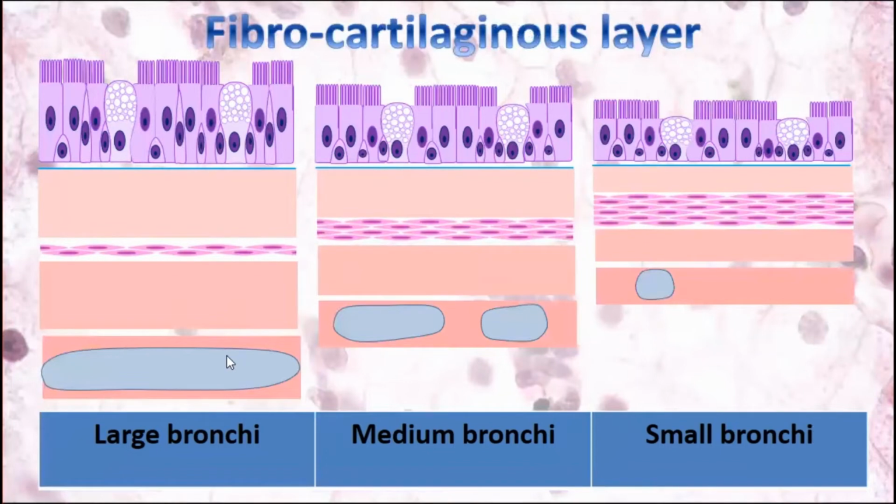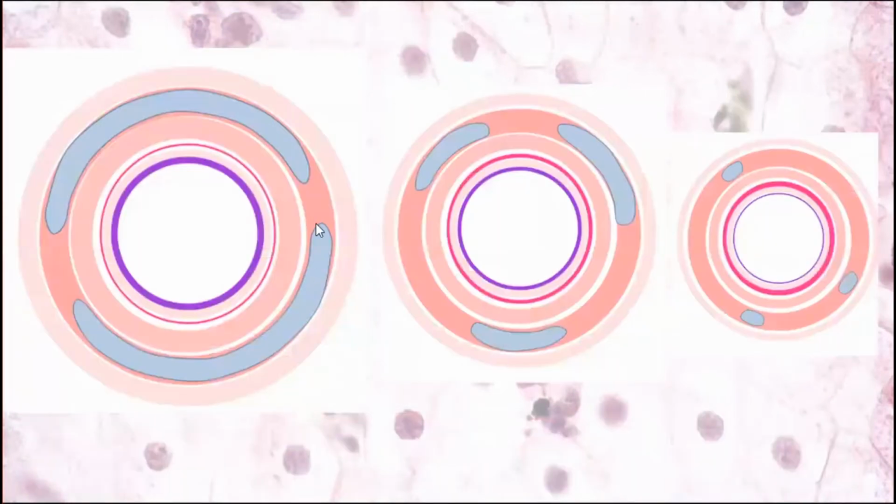Next layer, it's fibrocartilaginous layer. It also decreased in thickness, and also we can see here some qualitative changes in fibrocartilaginous layer. So here you can see that in large bronchi we have cartilaginous plates and cartilaginous rings. In medium bronchi we have cartilaginous plates and islets, and small cartilaginous islets are present in small bronchi.